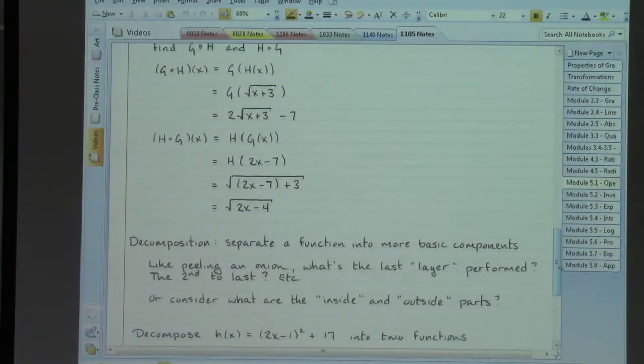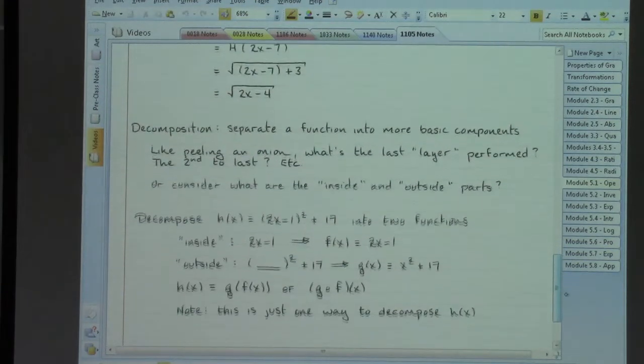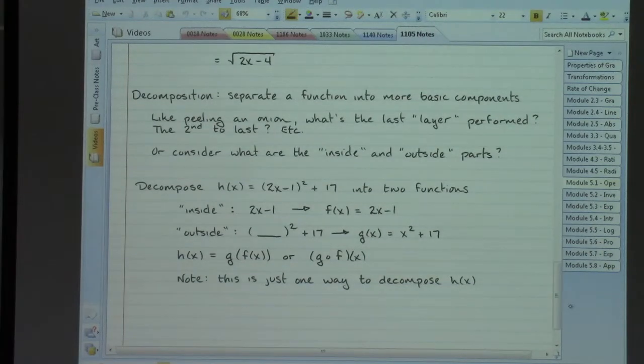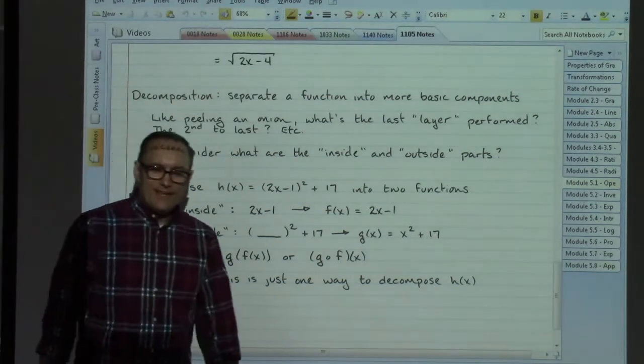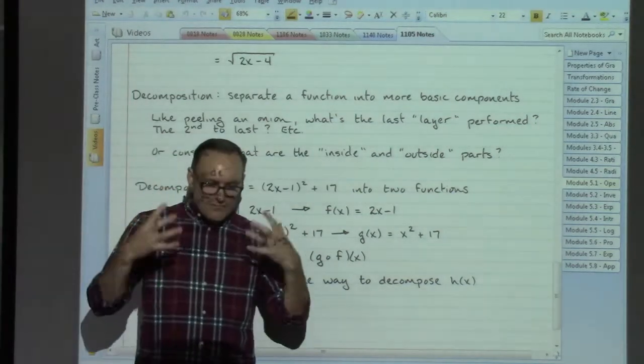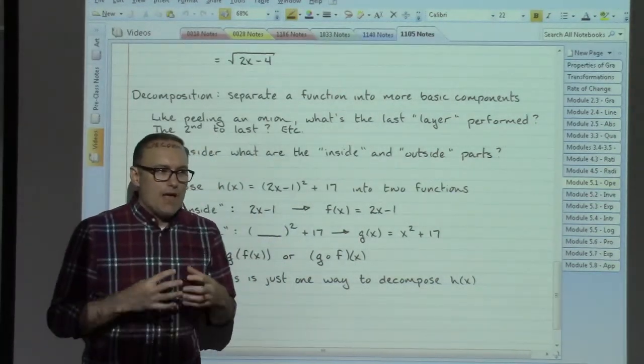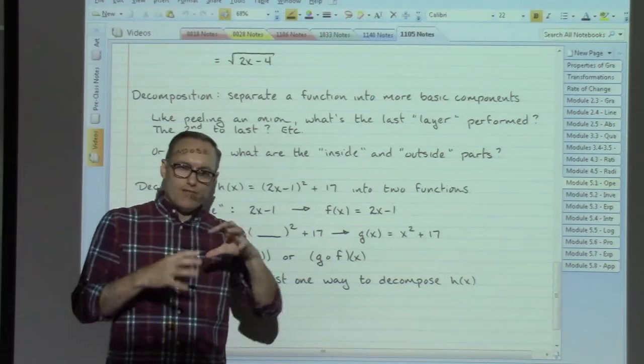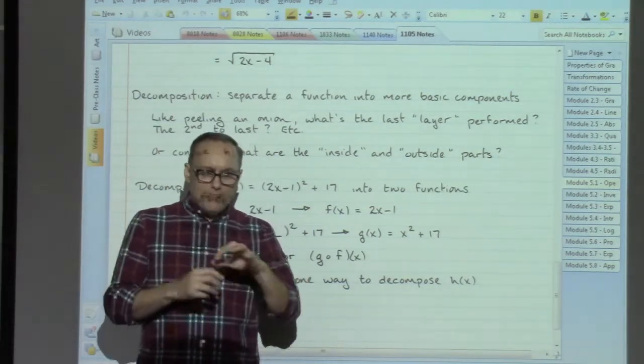If we have a function that we are being asked to decompose, we can think of it like peeling an onion. Not very machine-oriented, but just a helpful visual to maybe have, that when we read the function, we want to think of the different things that appear as layers.